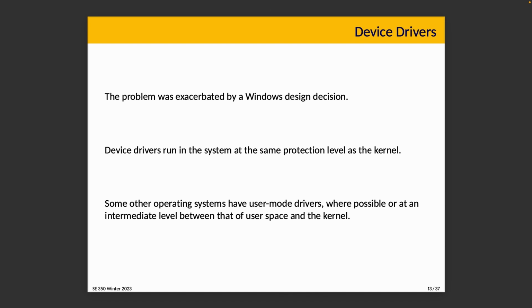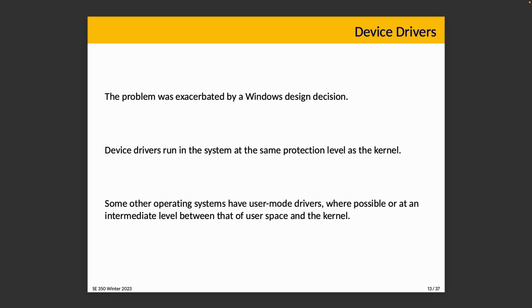The problem was exacerbated by a Windows design decision, and that was to make it so that device drivers run in the system at the same protection level as the operating system's kernel. That means it is running with maximum privileges, and can do absolutely anything and everything if it wants. Some other operating systems have user-level drivers.